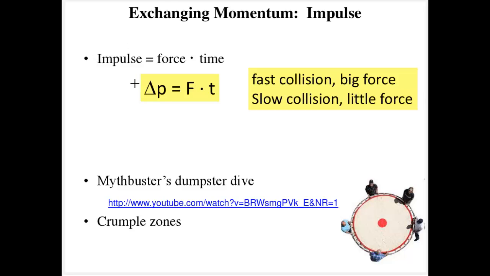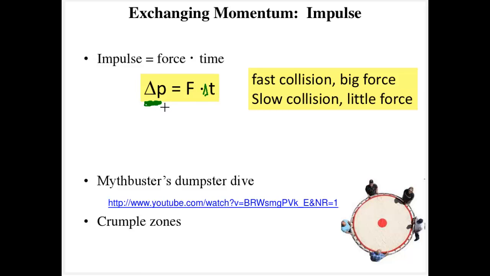Just another look at it, where the impulse is the change in momentum, again being a force over some change in time. If you think about that, the momentum of a system is not something you're going to have a whole lot of control over in a collision. It's going to be equal to the masses and velocities of the objects that are involved.